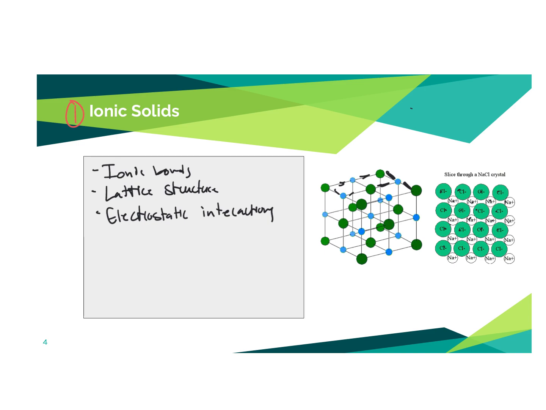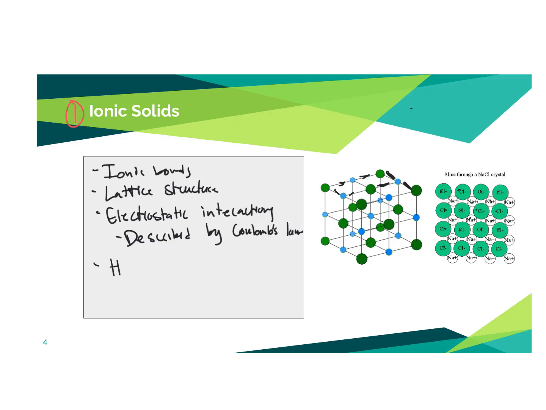Right, and what I mean by that is that it's described by Coulomb's law. All the properties of Coulomb's law apply to ionic solids. And so if you're trying to think about the strength of an ionic solid, think about Coulomb's law.